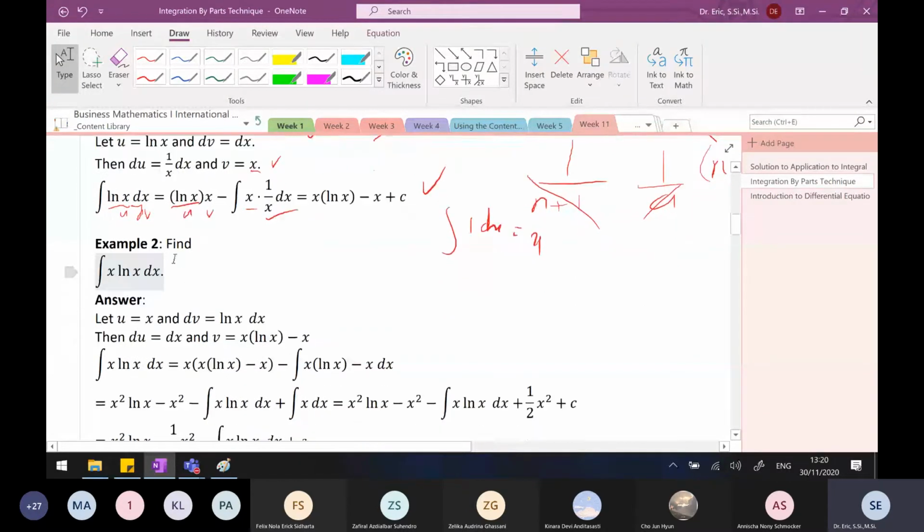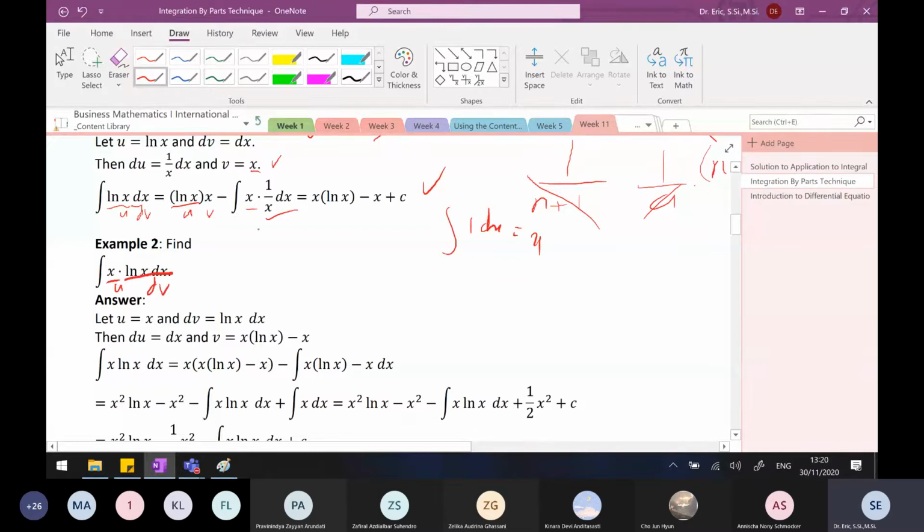Okay, this one, find integral x ln x dx. So this is x times ln x dx. What can I do? I can let u equals x, and the rest is dv.